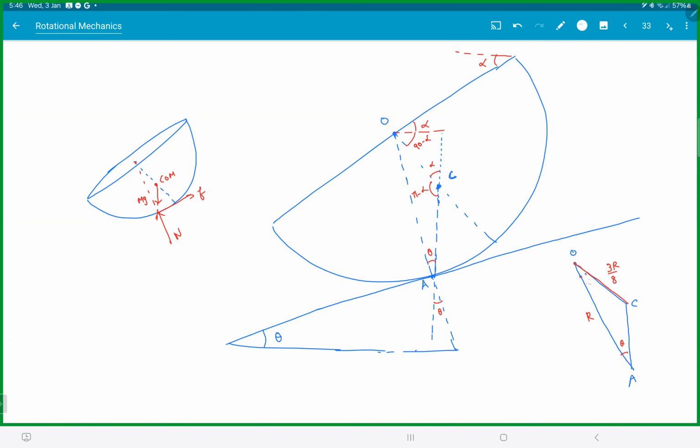I don't know this angle actually, but I know this angle. Pi minus alpha. You're done. Then use sine rule here. Sine theta by 3r by 8 is sine pi minus alpha by r. Sine alpha is 8 by 3 sine theta. Check.